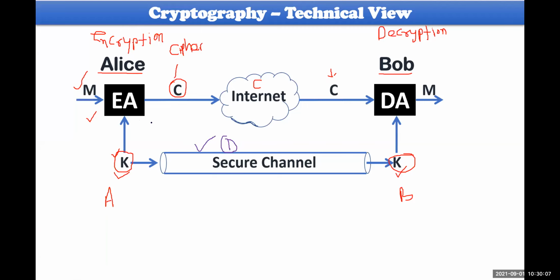Then how you have to operate the encryption algorithm, and how you have to apply the decryption algorithm. In these three cases, we need cryptography. How you can transfer the key, what kind of secure channel you have to take into consideration, and how the encryption and decryption algorithms can be prepared.